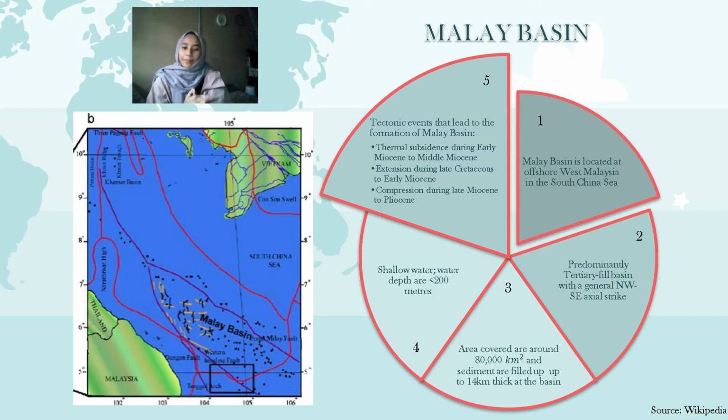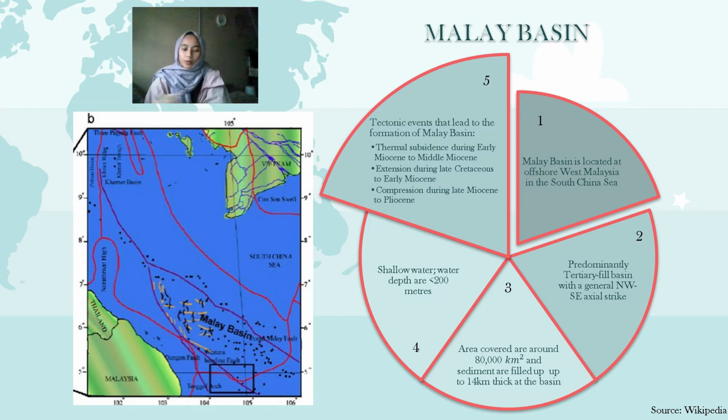Other than that, the Malay Basin is categorized as a shallow water basin because the water depth at the basin is basically lower than 200 meters.